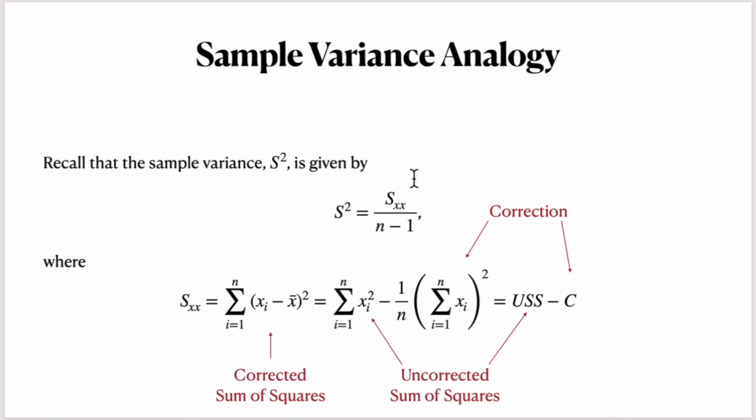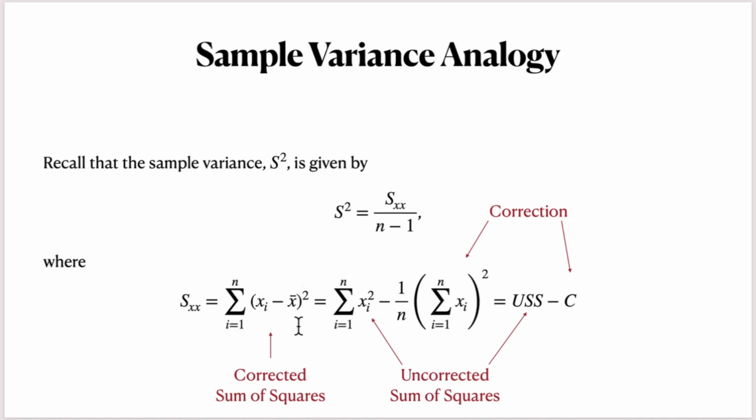And this quantity s sub xx is given by definition by this expression here: the sum, i going from 1 up to the sample size, of the squared deviations of each observation from the sample mean.